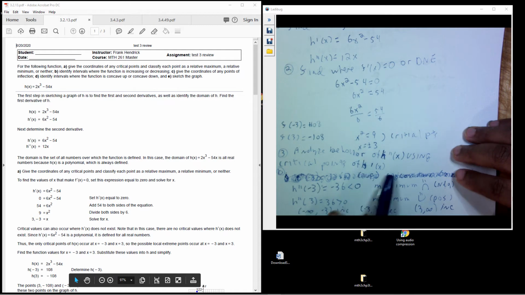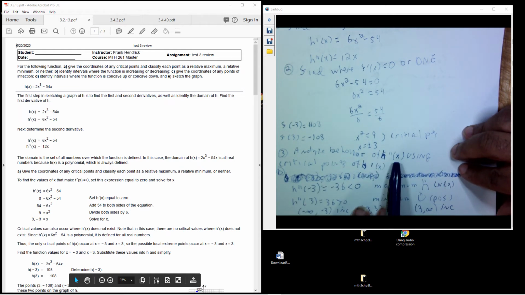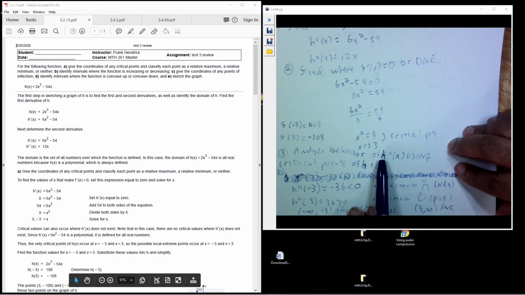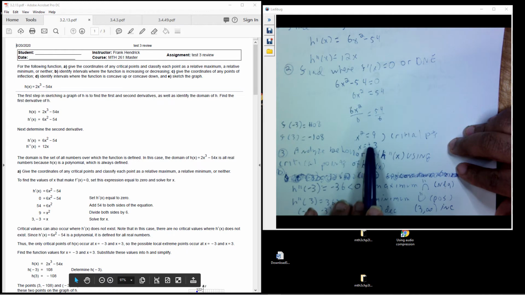So here it outlines the behavior of the second derivative using the critical points found in the first here. So using positive and negative 3. When I take that second derivative and use a critical point, I see that I have a negative number.